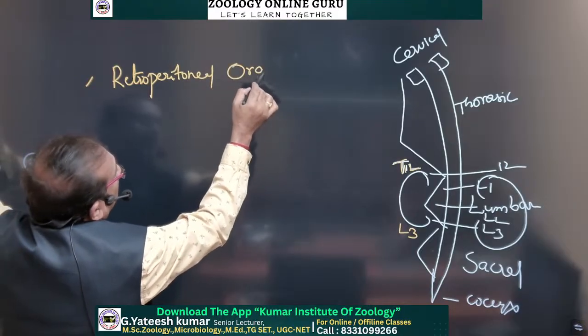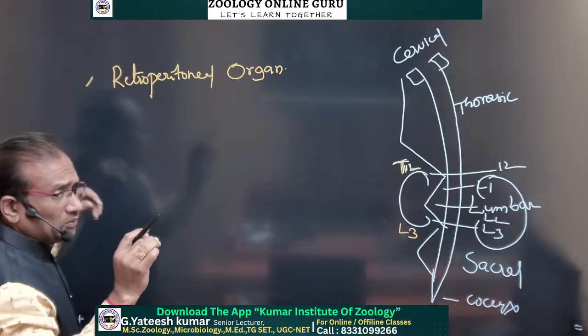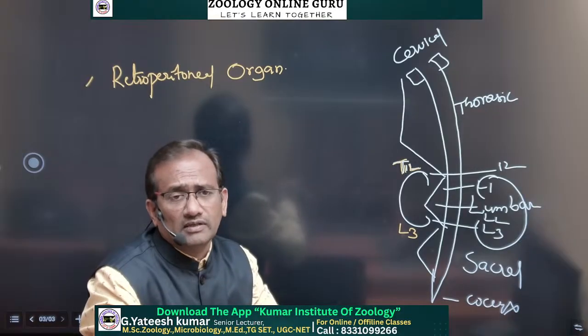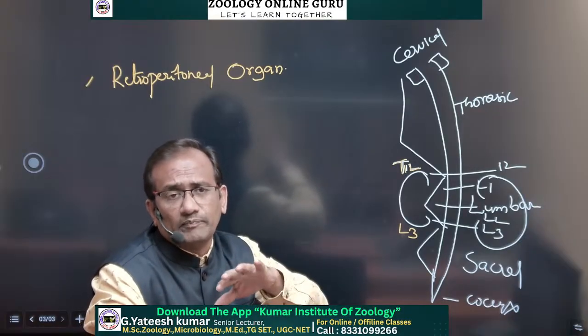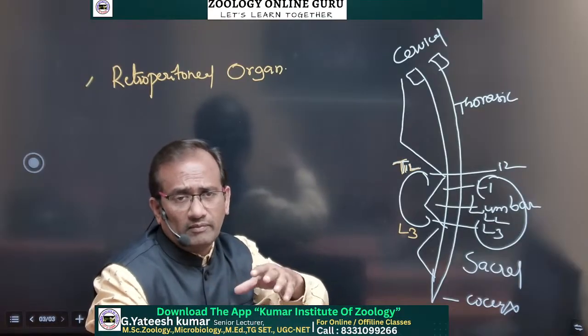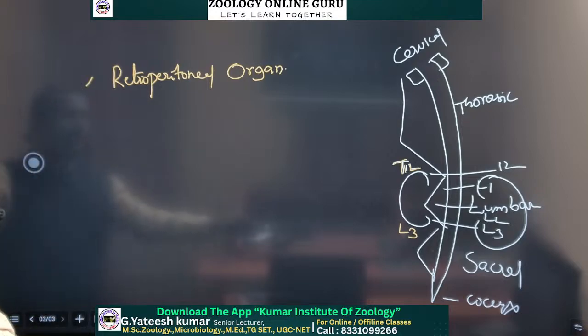In our body, only the kidney is retroperitoneal. The peritoneal layer is absent at the back side of the kidneys, and the parietal peritoneum is present in the front region. Retro means reverse. So kidneys are known as retroperitoneal organs.